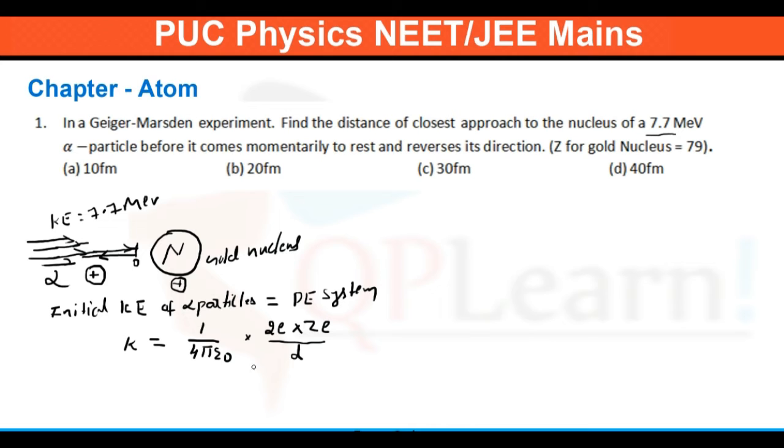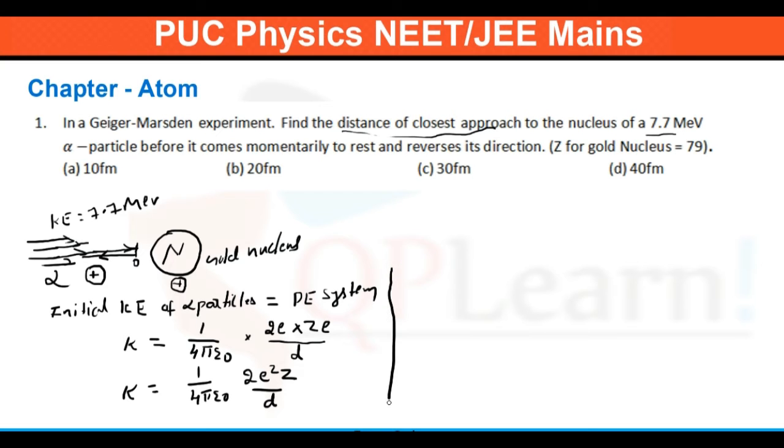Our target is to find the distance of closest approach. K is given, so K is equal to 1 by 4 pi epsilon naught into 2e square Z divided by d.